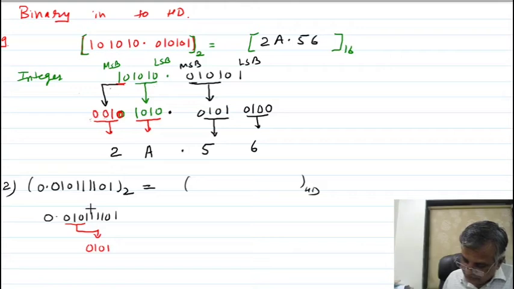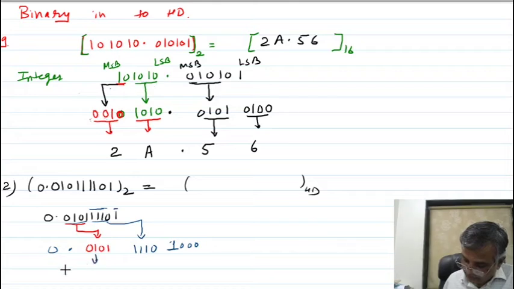Then the next 4, up to this: 1110. After this I have to write 1. There are not 4 bits, so I add 0s into the last group on the right-hand side.